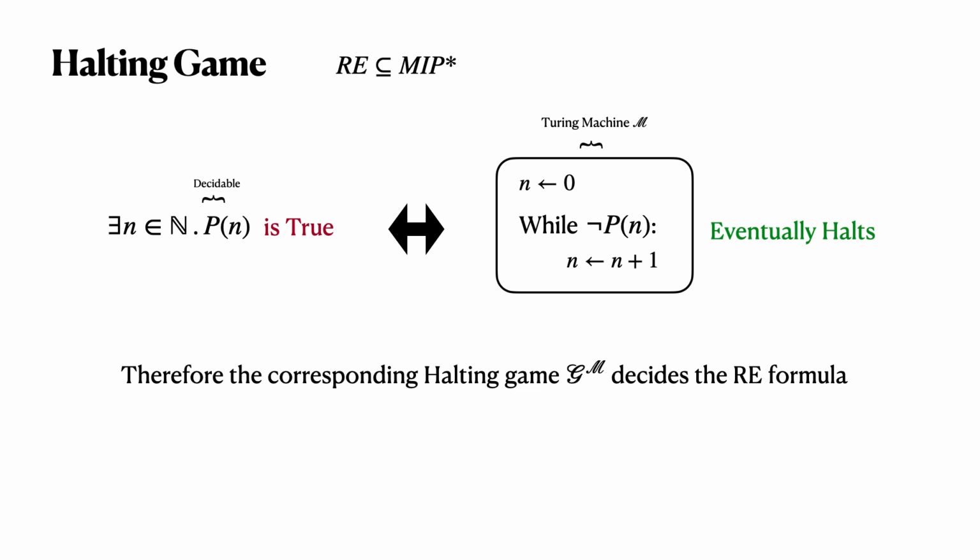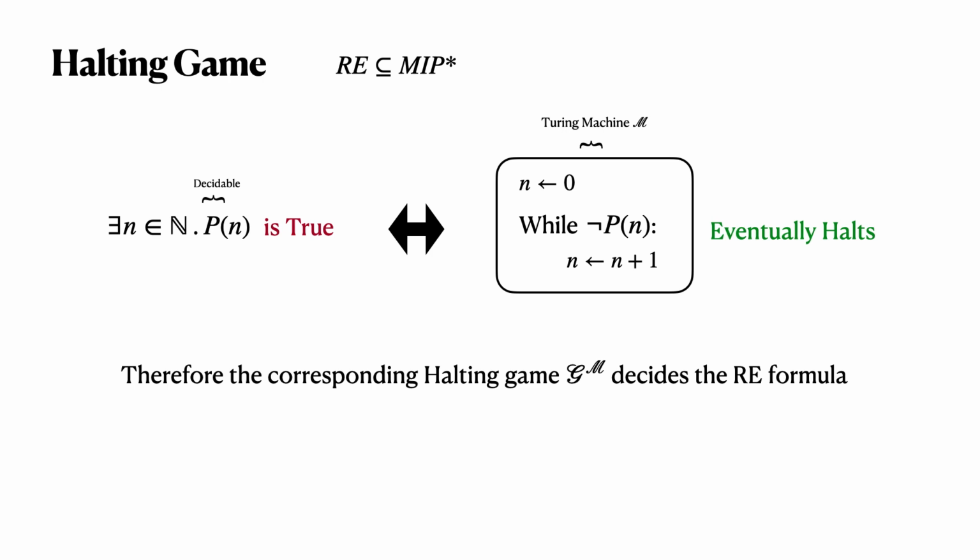Well, we saw query formulas. An RE formula, on the other hand, has an existential quantifier instead of a for-all quantifier. In order to show that RE is contained in MIP star, we just need to show that for every RE formula, there exists a game such that the formula is true if and only if the game has value 1. So take the RE formula: there exists n such that P evaluated at n is true.